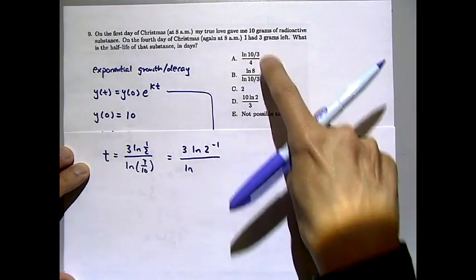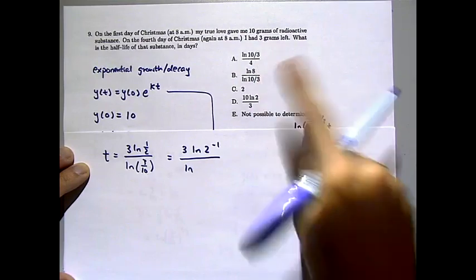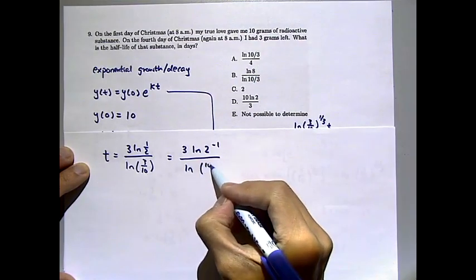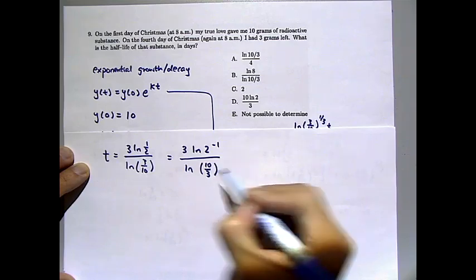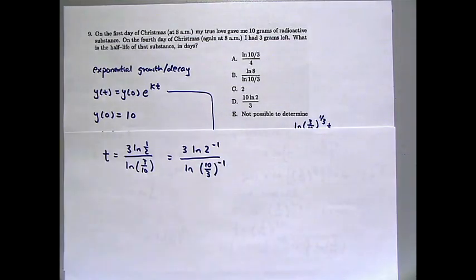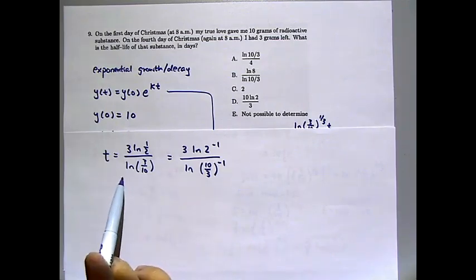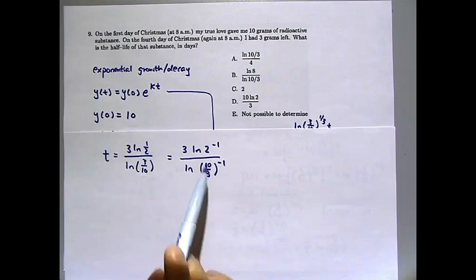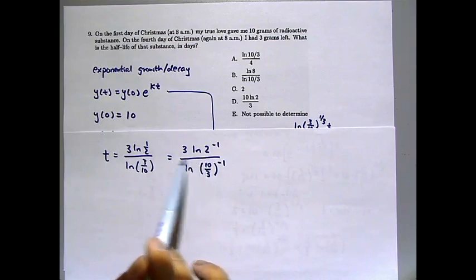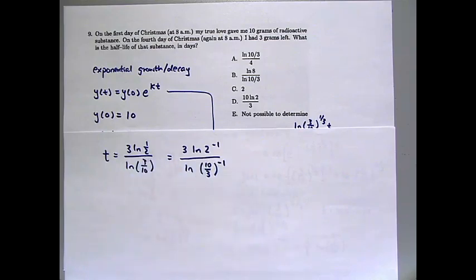I got a natural log of 10 over 3 all over the place. And we know 3 over 10 is 10 over 3's reciprocal. So I could rewrite natural log of 3 over 10 as natural log of 10 over 3 to the power of minus 1, the same way I rewrote natural log of 1/2 as natural log of 2 to the power of -1.